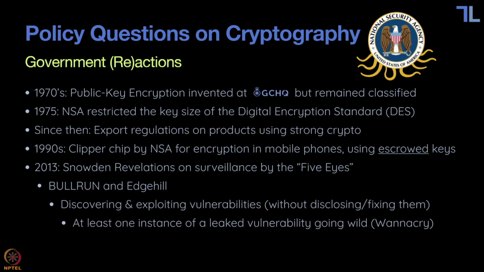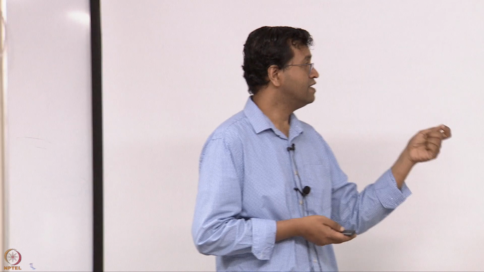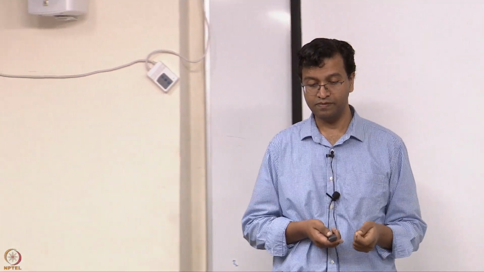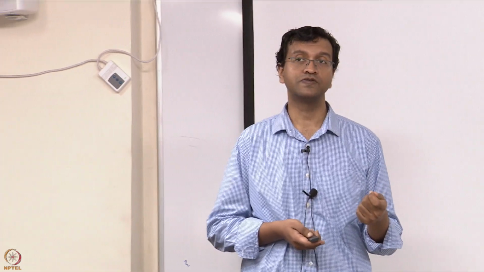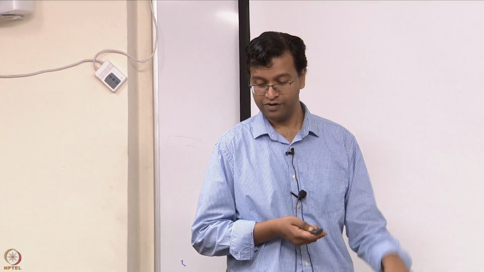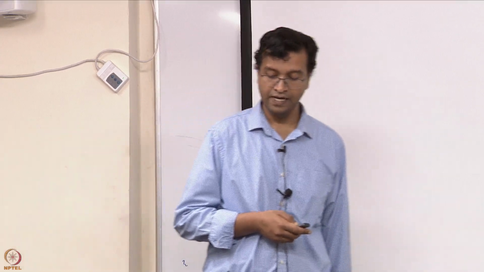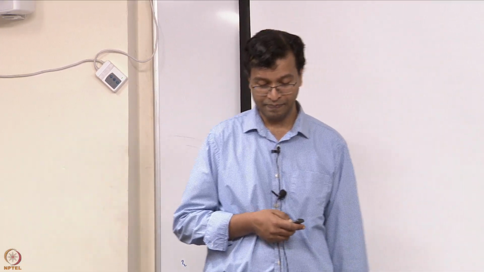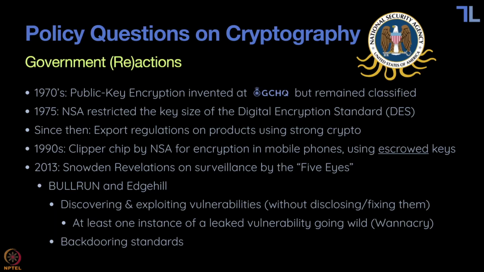It's believed that a malware called WannaCry was actually based on one of these things that was discovered by the government agencies and not disclosed. Eventually it was rediscovered, or rather maybe leaked, and then was exploited in the wild. If they had got it fixed, that wouldn't have happened.